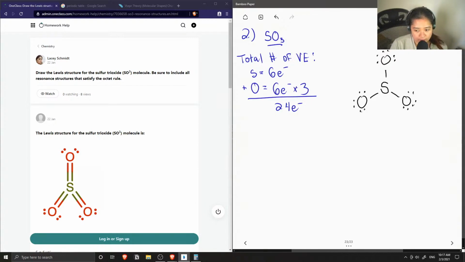Okay, so if I count out how many electrons I have in this structure, where each bond contains 2 bonding electrons, then you'll see that I already have my 24.